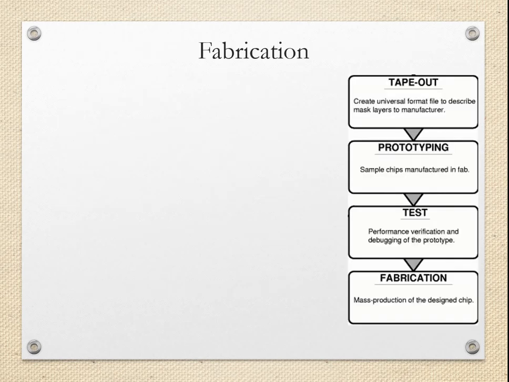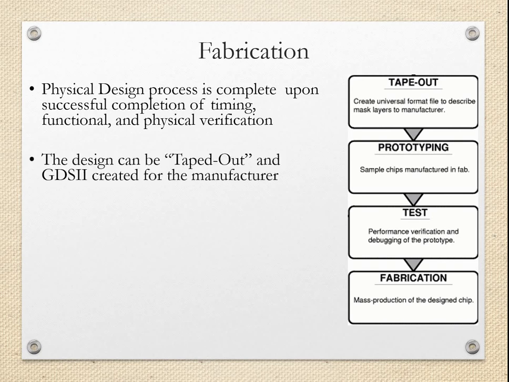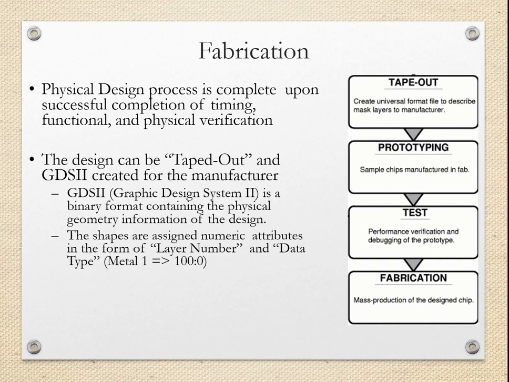Once all these checks are done, the next step is fabrication. The physical design process is complete upon successful completion of timing, functional and physical verification. The design can be taped out and the GDS2 created for the manufacturer. GDS2, the Graphic Design System 2, is a binary format containing the physical geometry information of the design.